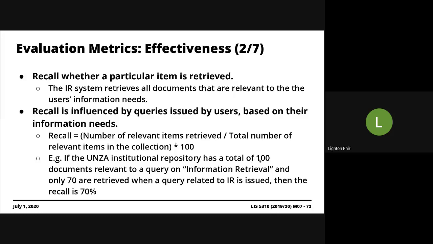And assuming that collection, that corpus, has 100 relevant documents, the recall is going to be equal to the total number of relevant things returned, which are 70, over the total number of relevant items in the collection, which are 100. So it would be 70 over 100 times 100, which is obviously going to be 70%. Just a simple example to explain how recall is evaluated.